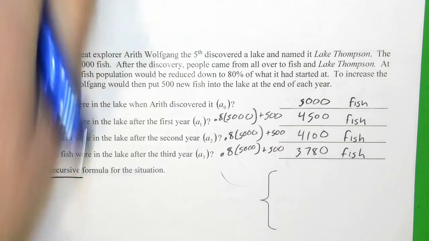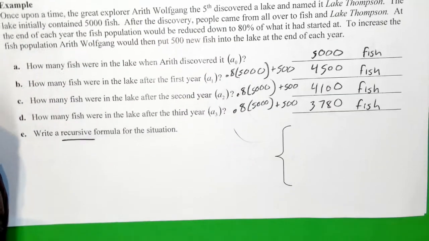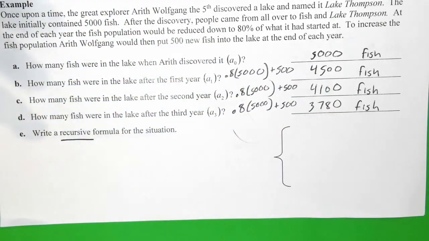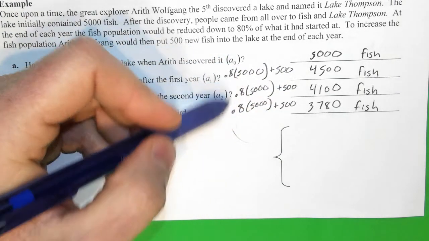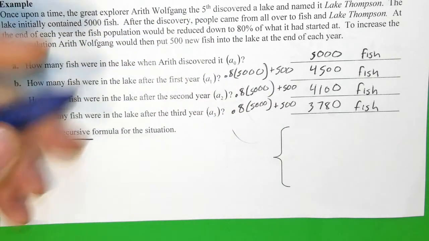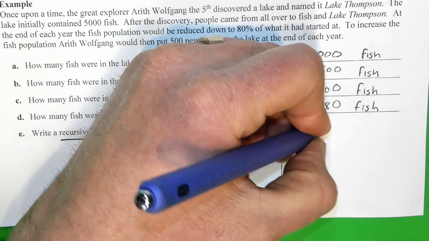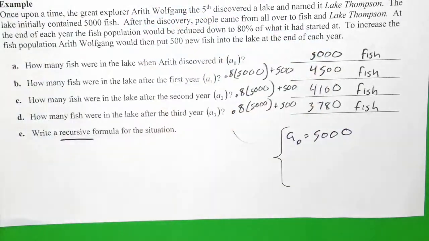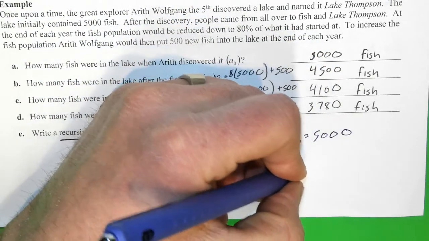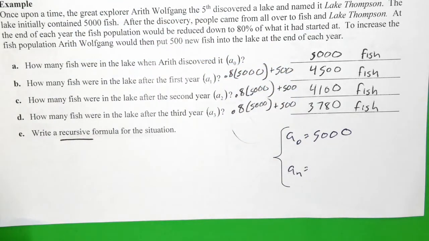Now, typically in this situation, we cannot write a rule. We get jammed and we can't do anything. But because this is recursive, and because we can clearly see the pattern that is occurring, you can actually write a rule this time. I know that in year 0, there were 5,000 fish, so there's my gimme. And I also know exactly what happens each year.